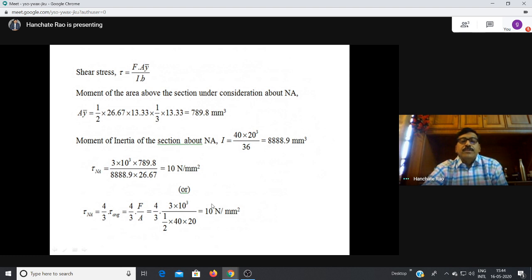Whether you do it from fundamentals or just remember this 4/3 of average shear stress, you can get it in one step. In a triangular section, the shear stress at the neutral axis is 4/3 of the average shear stress.